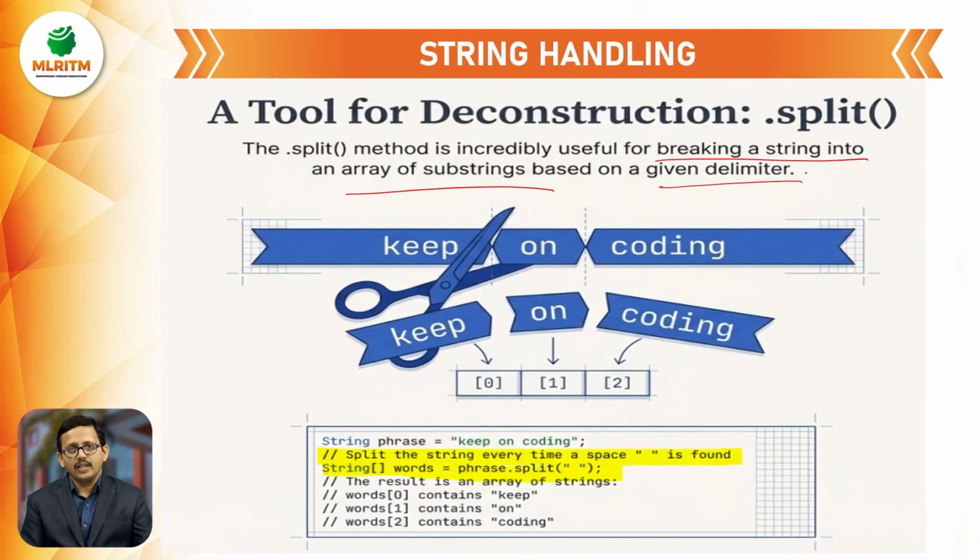So from a lengthy string, you can create substrings using the split method. We have "keep on coding" as our continuous string, and here we give the delimiter. Using the delimiter, you can create as many substrings as you can. Here we have created 3 substrings. Let us see how we are doing it.